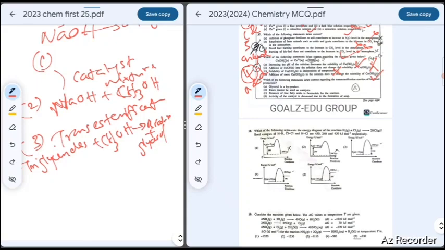Now triglycerides, it is like this. Triglycerides are there.